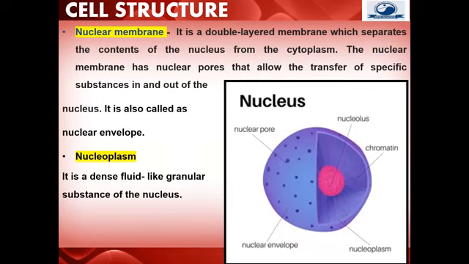Every nucleus is girdled and covered by a double-layered membrane known as the nuclear envelope or nuclear membrane. It separates the nucleoplasm, that is the fluid present in the nucleus, from the cytoplasm.